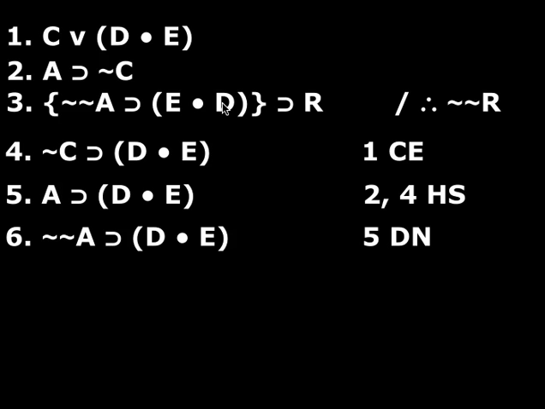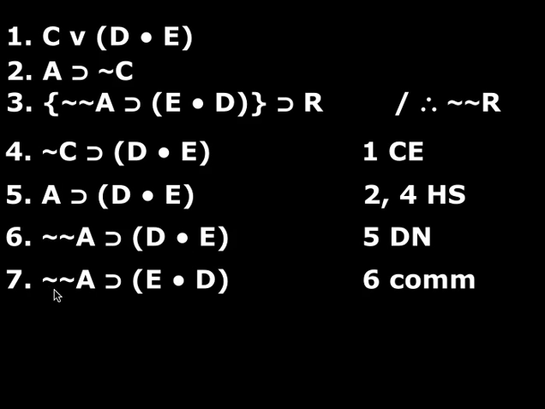It's supposed to be E and D, not D and E. So I'm going to use commutation to change the order of those two. Now I've got this, and it's this antecedent here. So now I can do my modus ponens on lines 3 and 7 to get R.